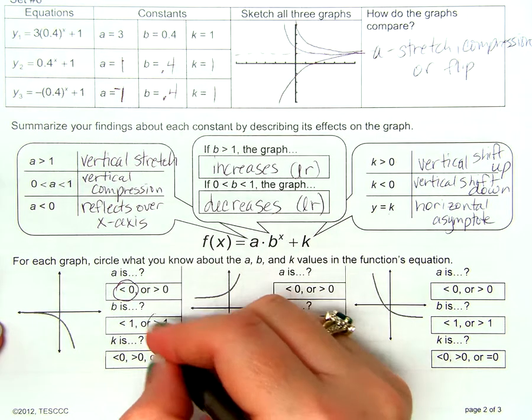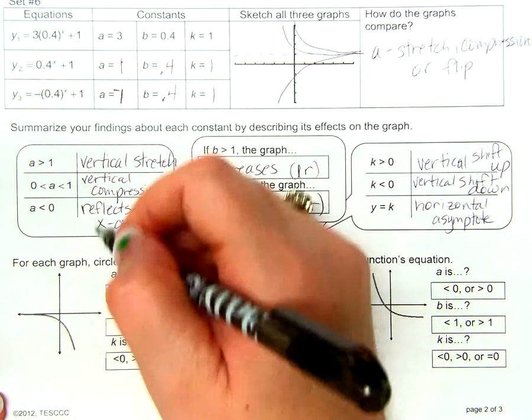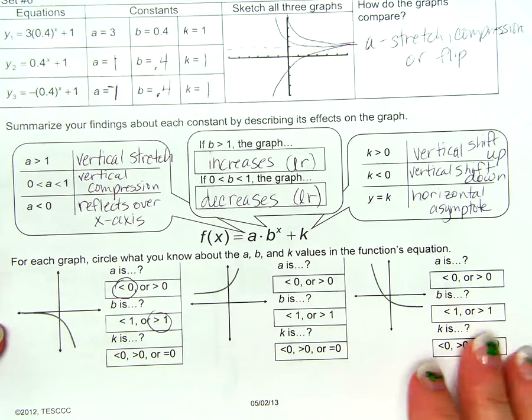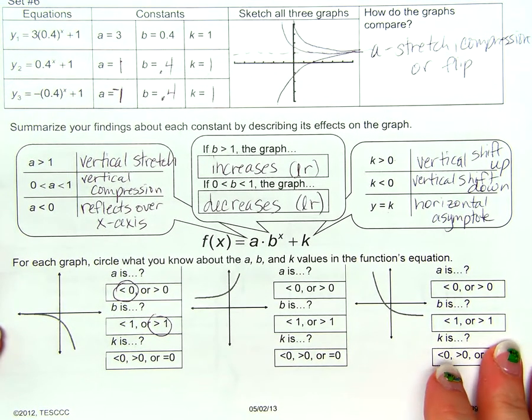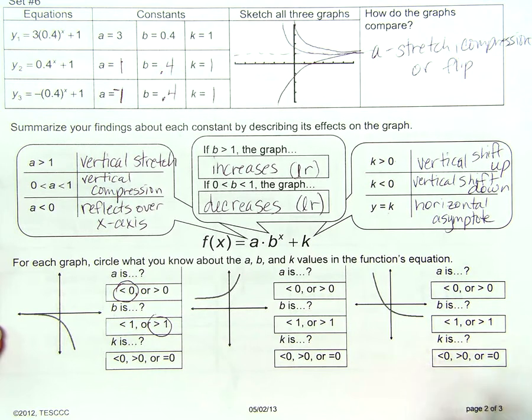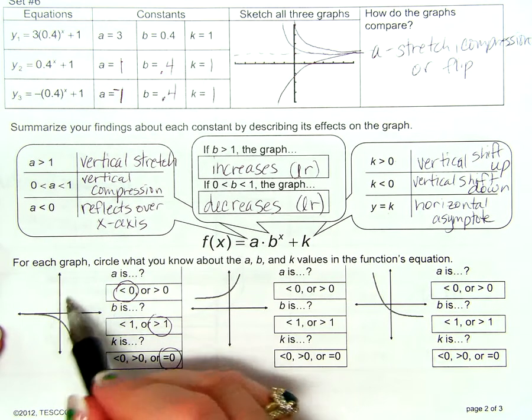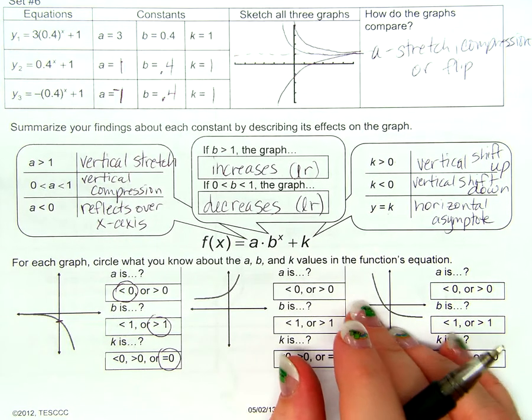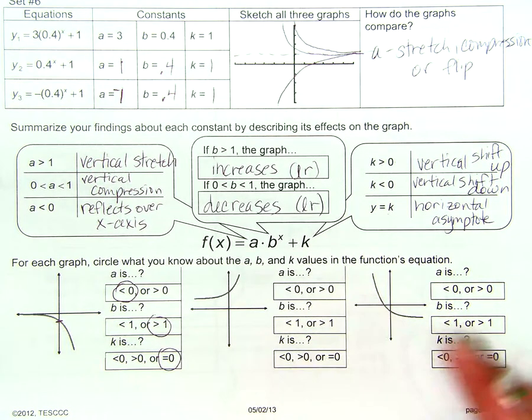It's greater than, because if it was flipped over, it would be increasing, right? And what about K? It equals 0, right? Because it's a little tricky because there's no markings on this graph, but that's probably 1 right there, isn't it?